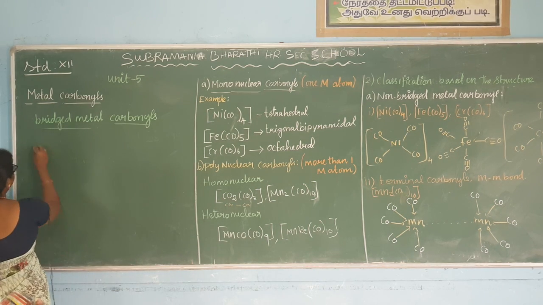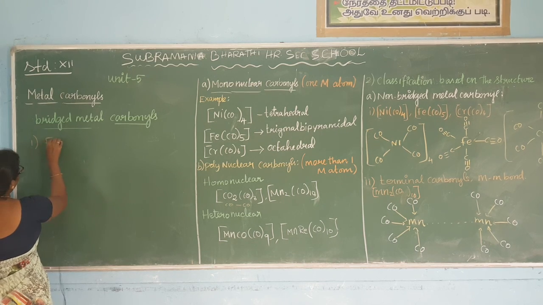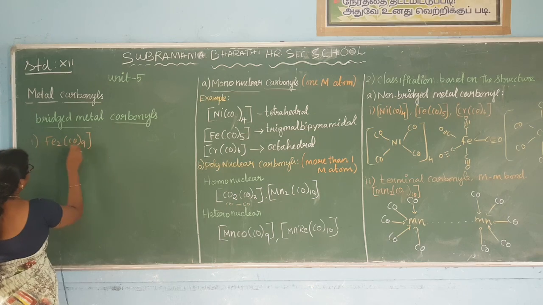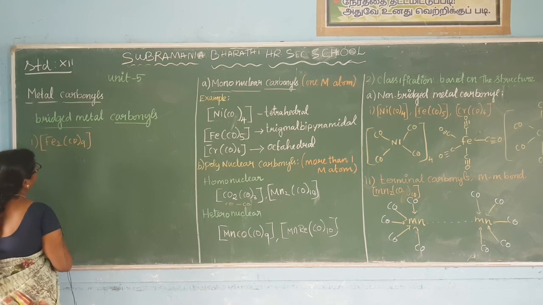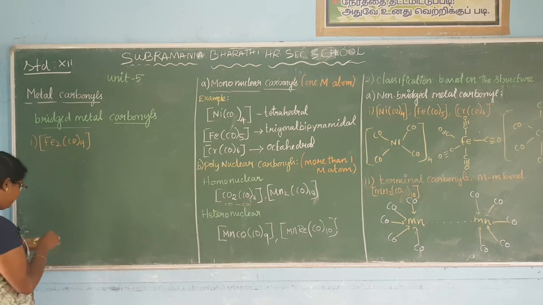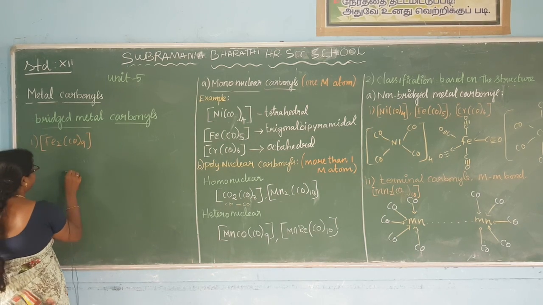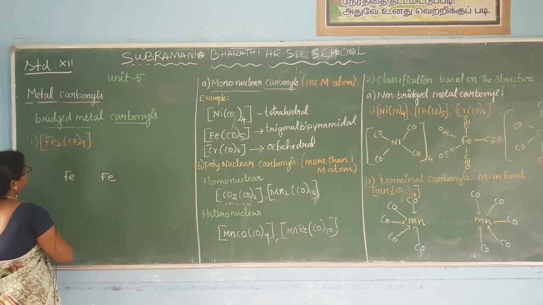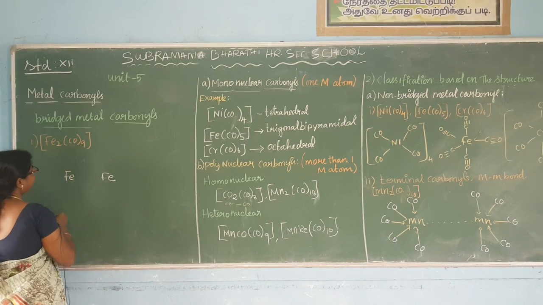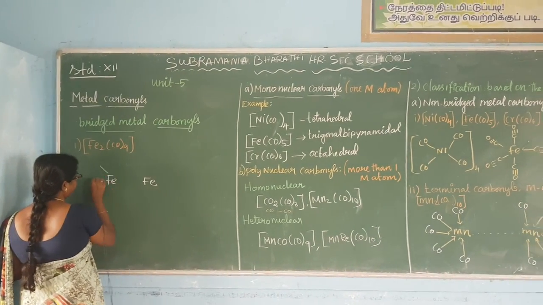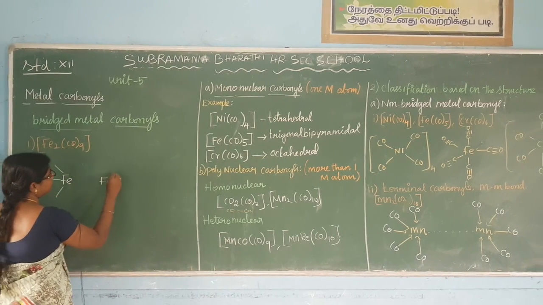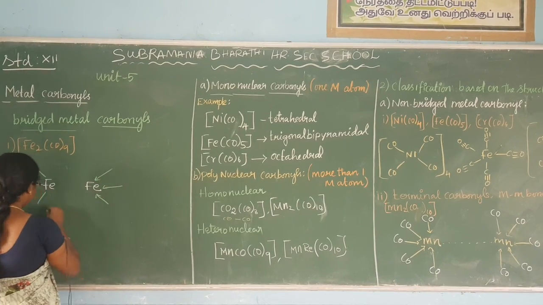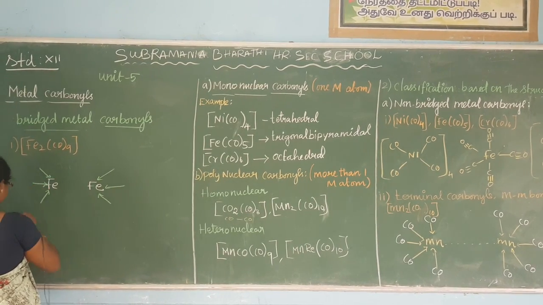So, the first example is Fe2(CO)9, diiron nonacarbonyl. Let me draw the structure here. I am having two metals, each attached with 3 carbonyl groups. So these are called terminal carbonyl groups.